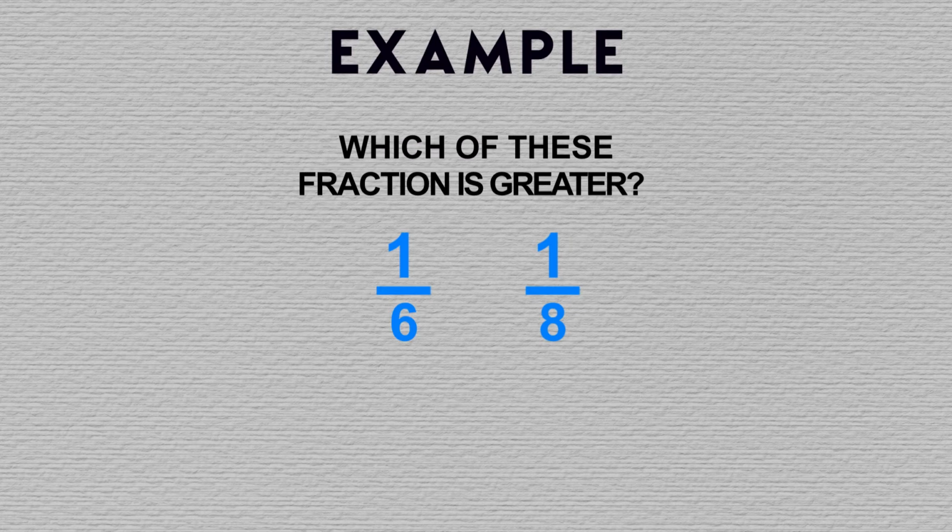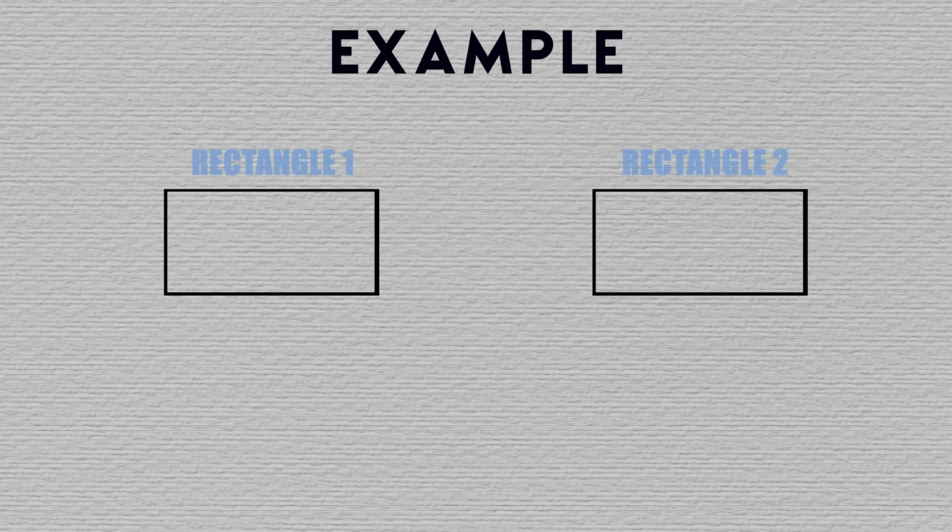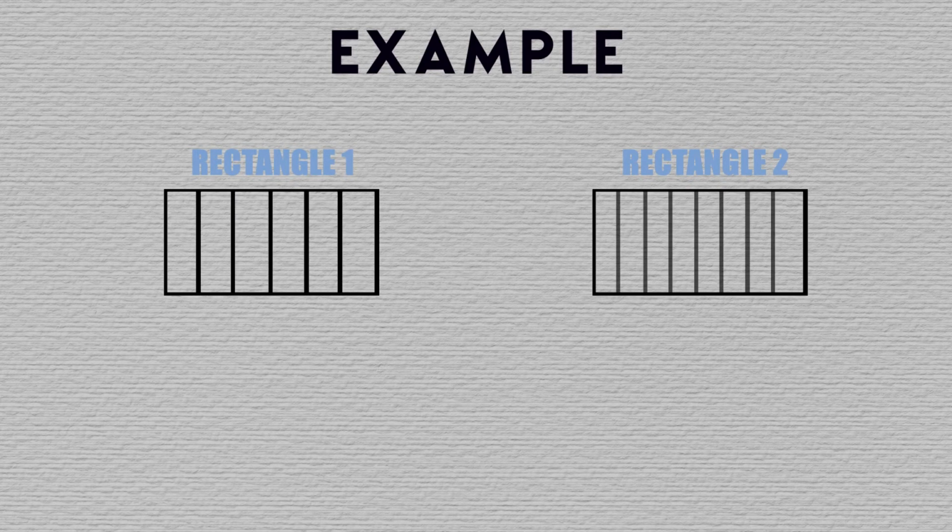Let's see our previous example, which was 1 over 6 and 1 over 8. Let's compare this also with the help of a diagram. Now we will draw two rectangles again. The first one we will divide into 6 equal parts and the second into 8 equal parts.